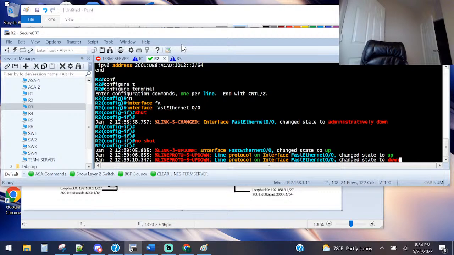I see it flashing and stuff over here. This right here. Make sure that that's plugged up. I do see FA0/0, two bottom ones.